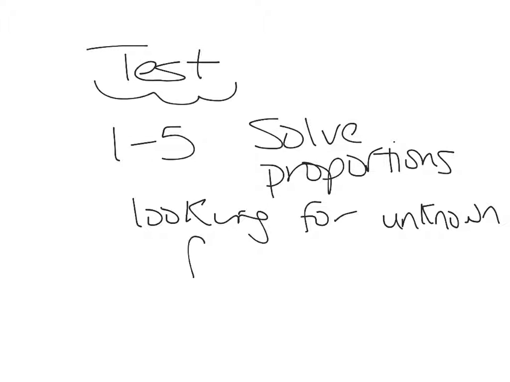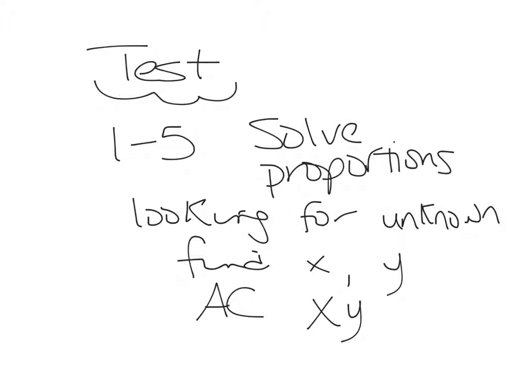Okay, it might say find X, find Y. It might say find the length of AC or XY. So 1 through 5 proportions. Again, no decimal answers, no mixed number answers.